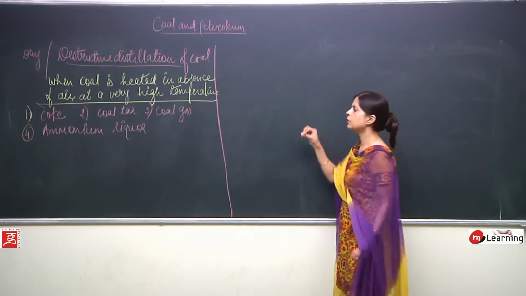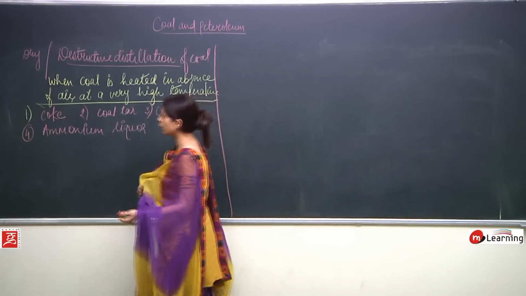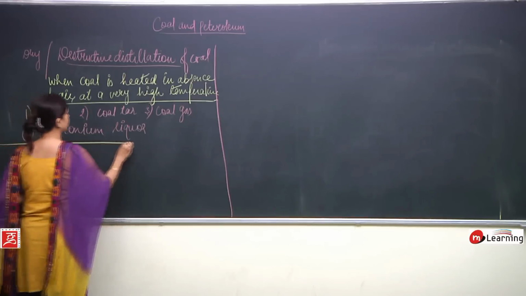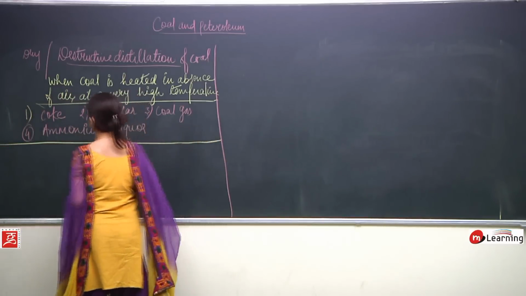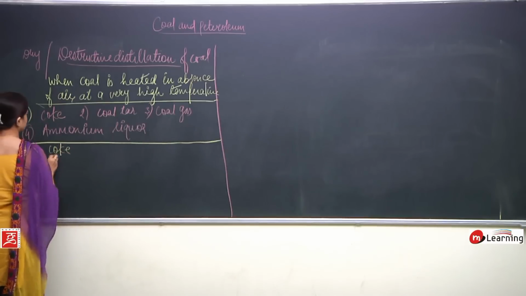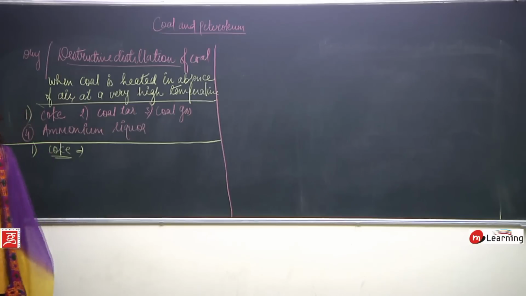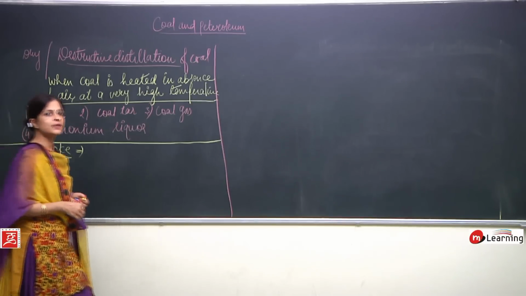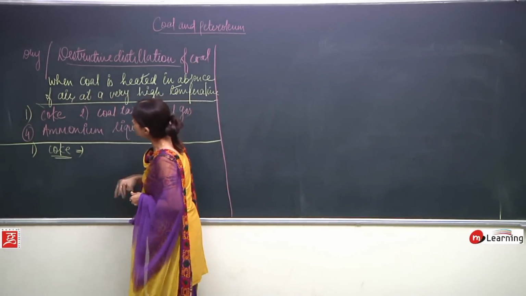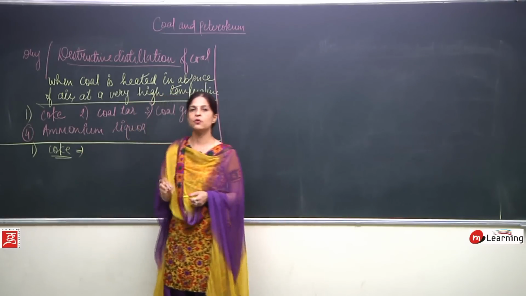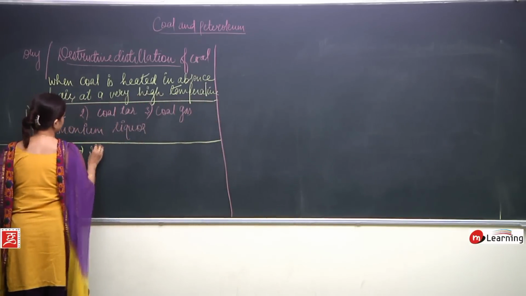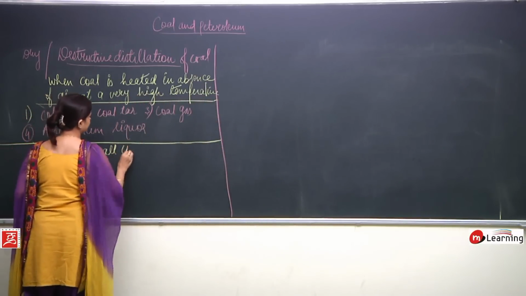So, just have a look at the first one. First of all, we will talk about coke. Let me write over here coke. When destructive distillation is done, coke is the last one to be left behind. Means what?